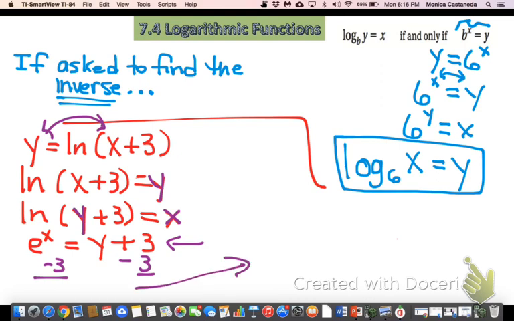So then I'm going to get an answer of e raised to the power of x minus 3 equals y. So really it's y equals e to the x minus 3.